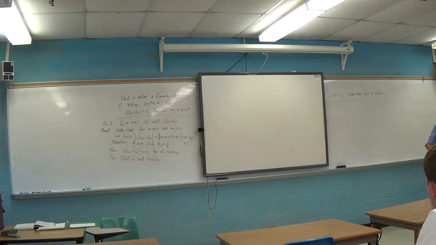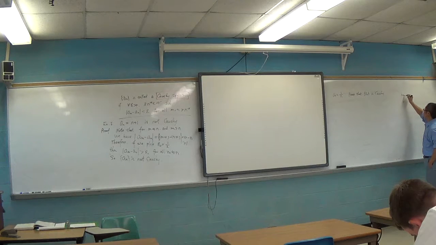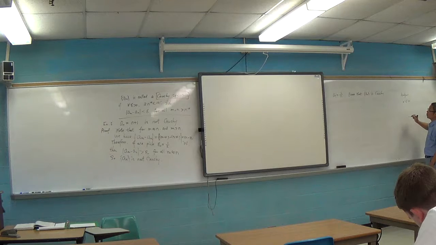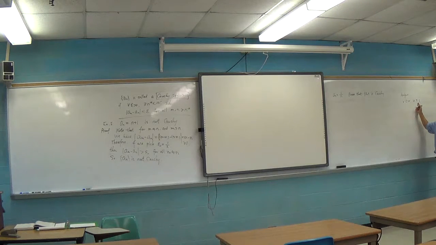Just like we prove the convergence of a sequence, let's analyze it. Based on the definition, we want to show that for any epsilon greater than 0, we want to show that the absolute value of a_m minus a_n is less than epsilon for all m, n greater than n star.